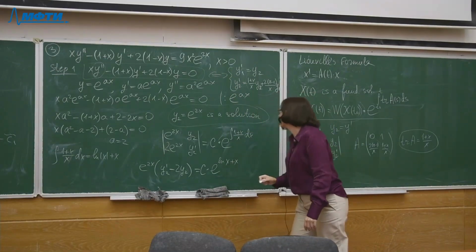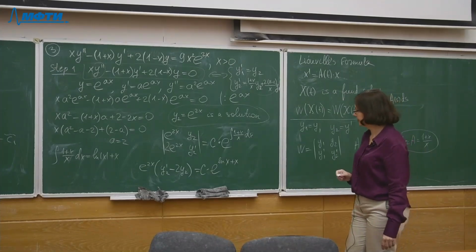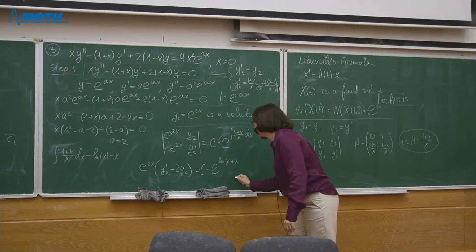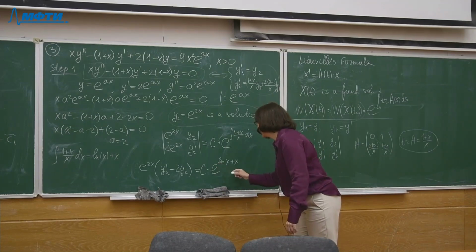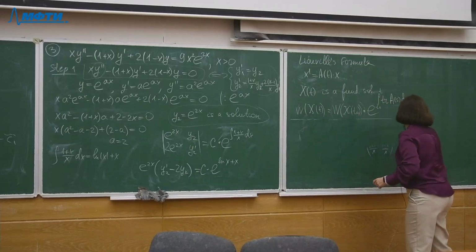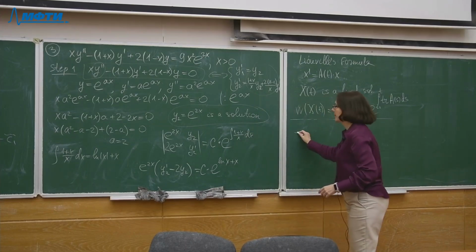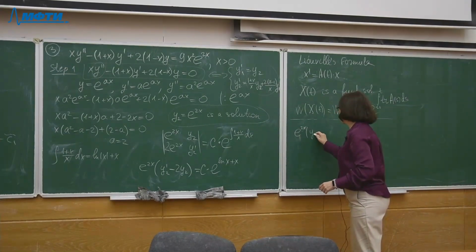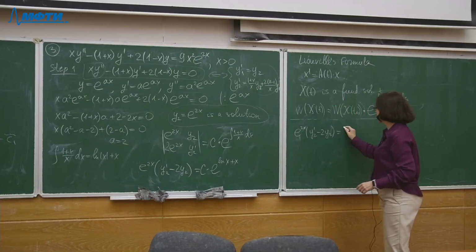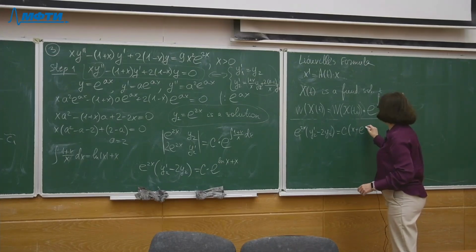So e to 2x times y2 prime minus 2y2 equals c times x plus e to 2x.